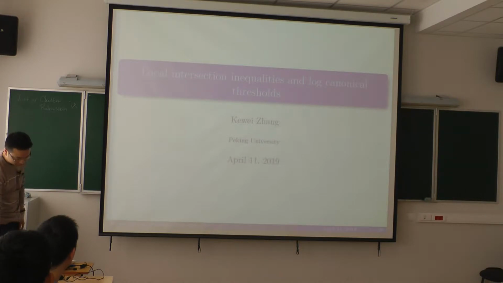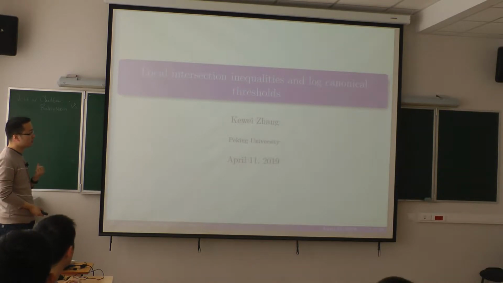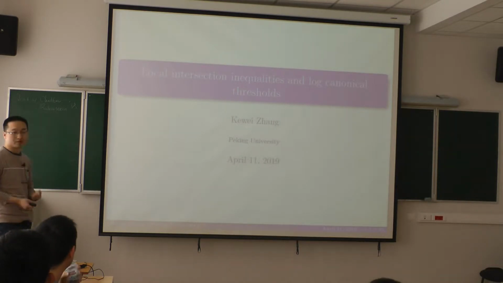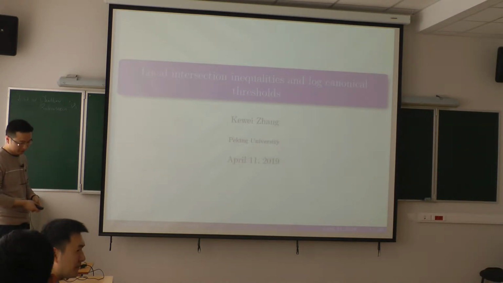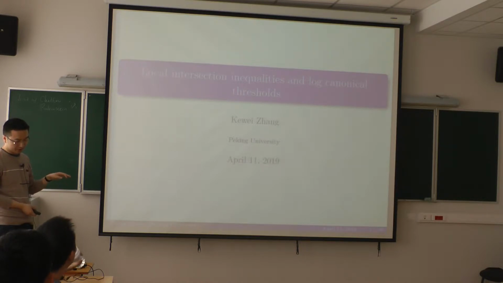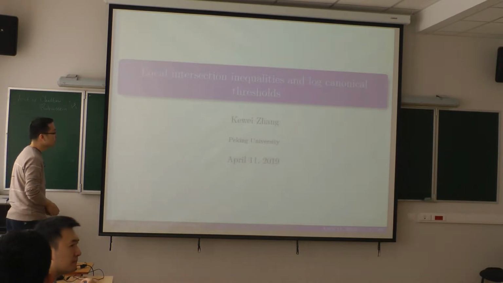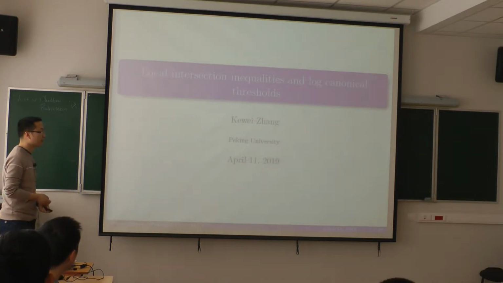The tools we use are some valuative criterion developed by Fujita and Li, and the essential thing that we use is the delta invariant. We estimate the delta invariant for some special surfaces, and we show that delta is bigger than 1. Then we conclude that the surface is K-stable. So basically this is our strategy.